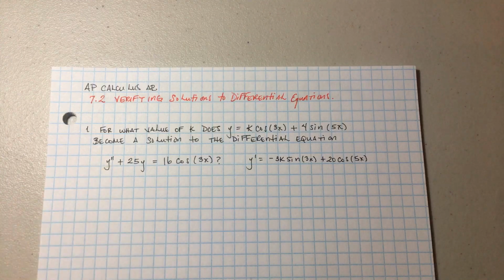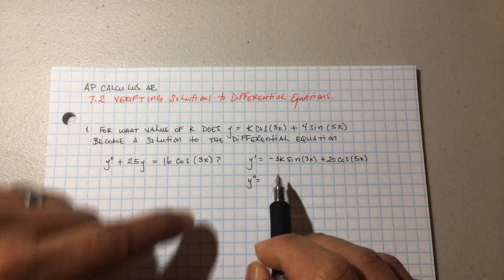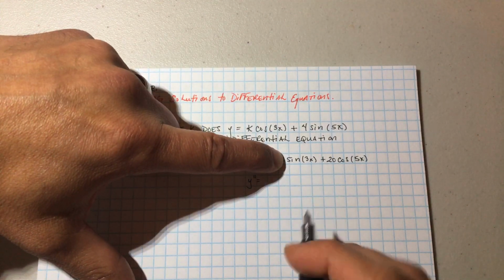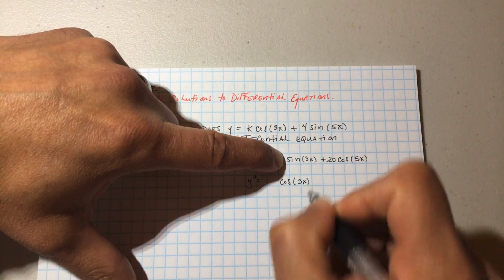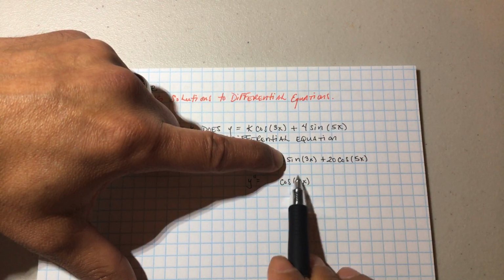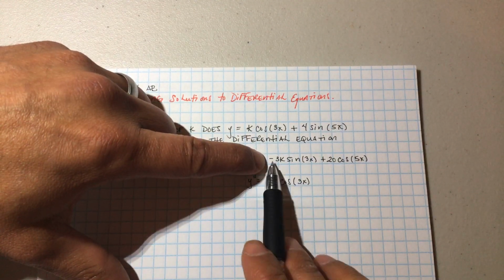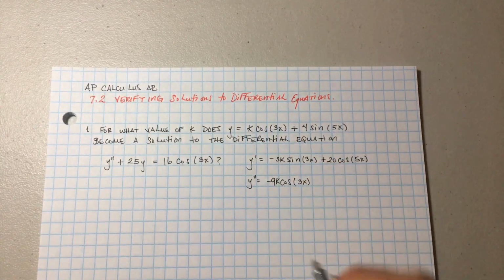We need the second derivative, so let's go ahead and do it one more time. Again, I'm going to cover up the 3k. The derivative of sine is cosine, and cosine of 3x. And because we have something on the inside, times 3, so 3 times the negative 3k would be negative 9k.